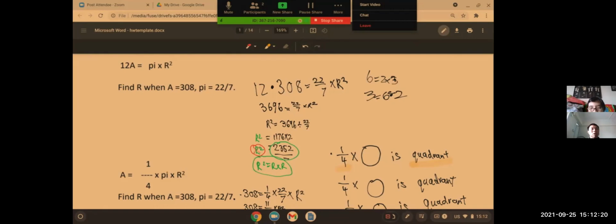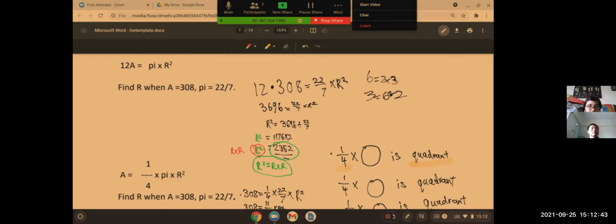Yes. So you cross out your R squared, you replace your R squared with R times R. Yes, write it down. Because R squared is R times R, that's why you can actually cross out R squared.